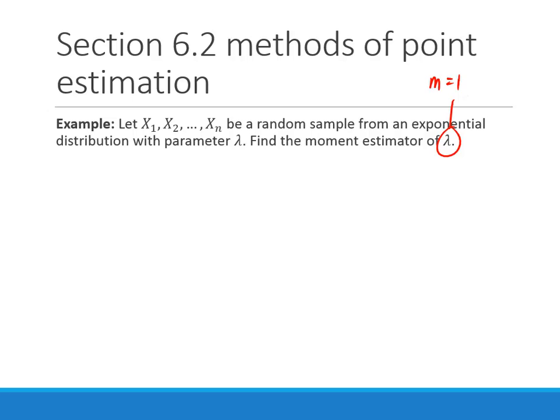I don't think I'll ever throw an example at you with m of more than 2 is fair game, but 3 would probably be getting to be a little cruel. So this can be a little easier when m is small. So the first step, I need to find the first population moment, which again is just the expected value of x. You can raise that to the first power if you want to make that distinction.